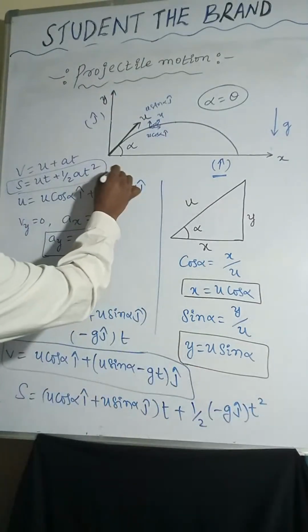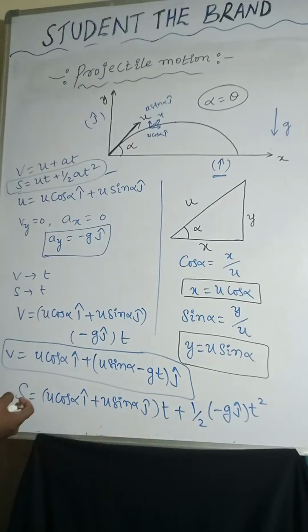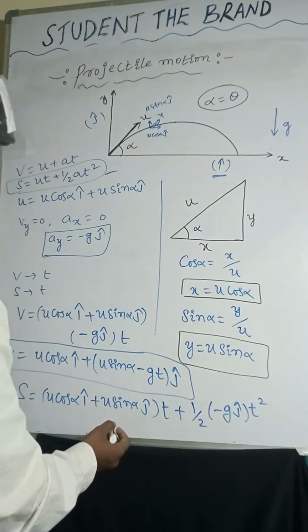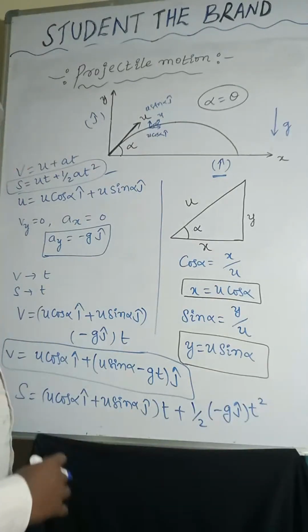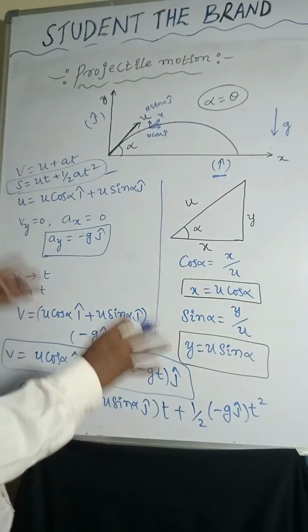Now if you are separating j cap, then you will get s equal to u t cos alpha i cap plus j cap (u t sin alpha minus half g t square). So like that we will get it. I hope it is very clear. Check once. Very important concept.